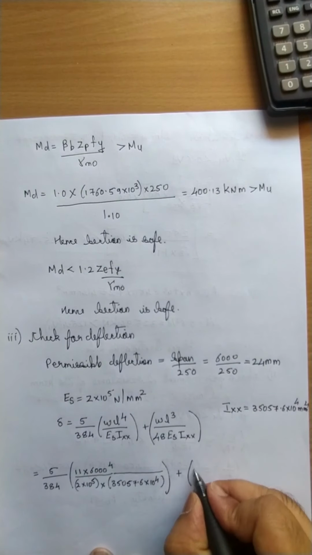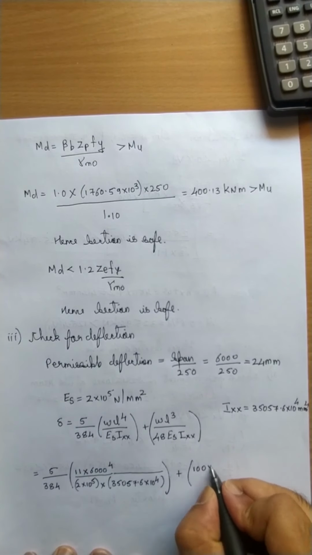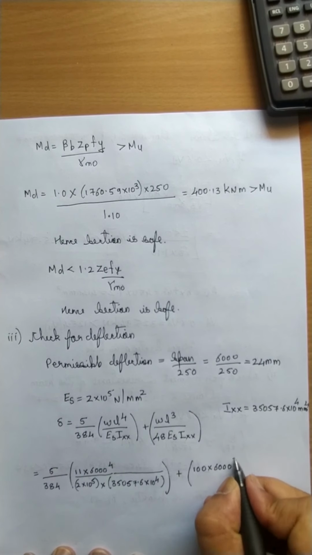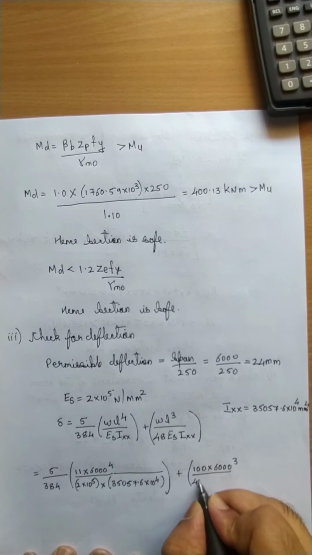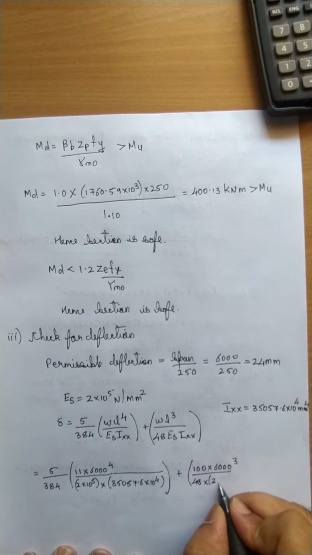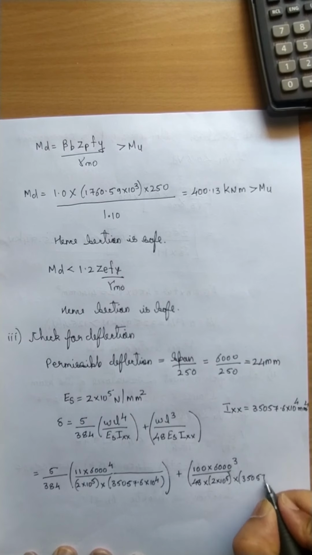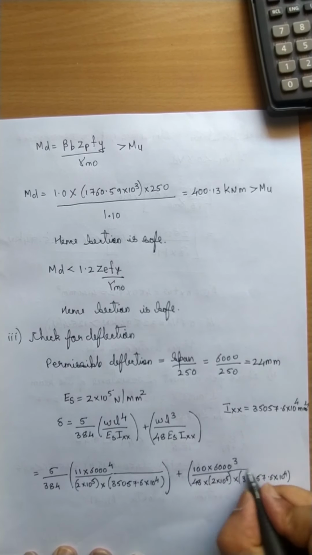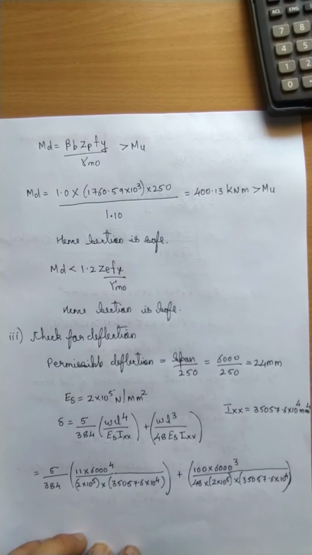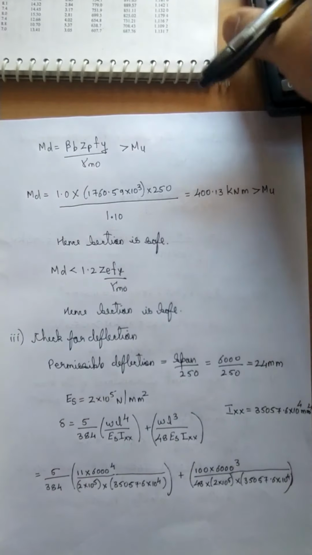The unfactored point load is 100 here, into 6000 cubed divided by 48 into ES, 2 into 10 raised to 5, into 35057.6 into 10 raised to 4. Let us compute this and check how much we get.